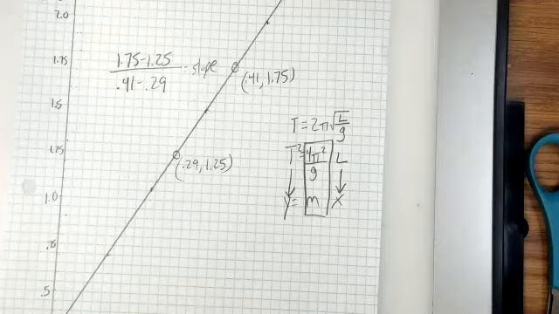In the numerator we're getting a half, and in the denominator we're getting 0.12. So the slope is going to be 0.5 divided by 0.12.